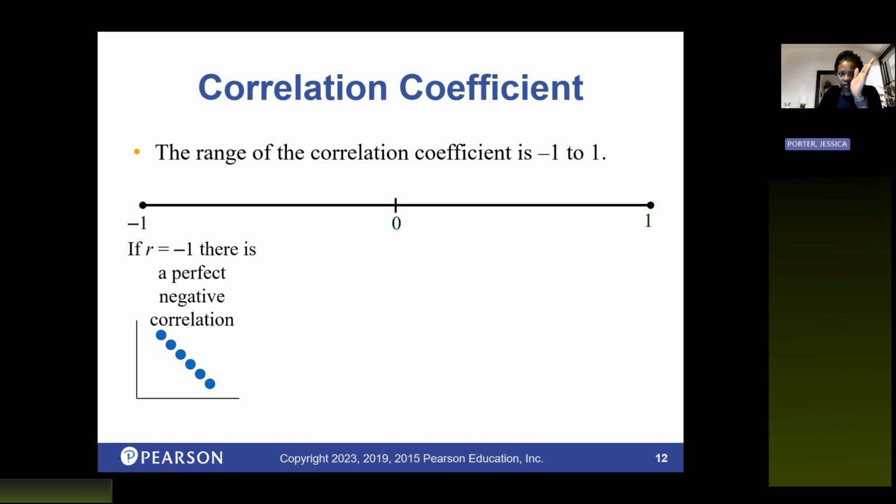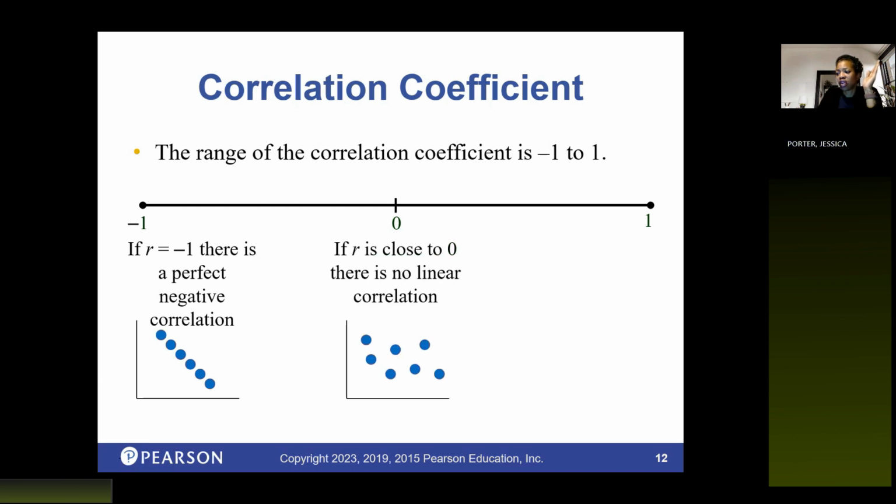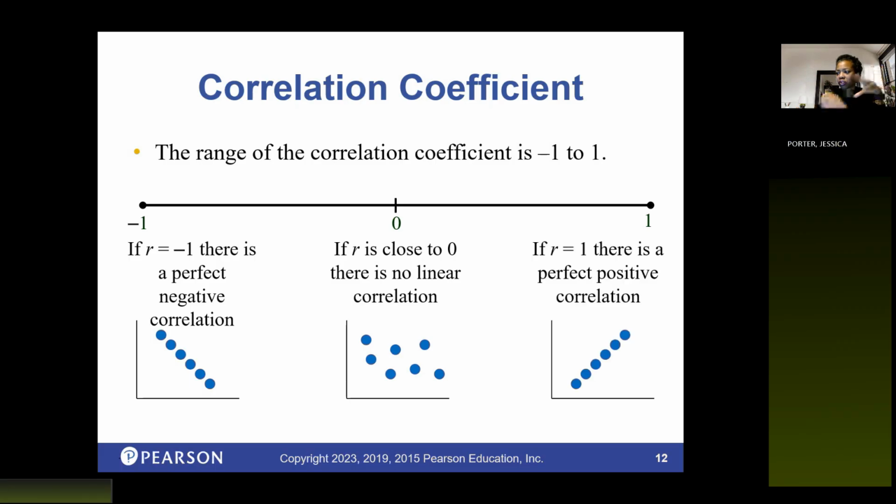That means all your dots fall in a straight line. If R is close to 0, points are all over the place, and we saw an example of that earlier. And if R is equal to 1, all the way over on the other end of the spectrum, there's a perfect positive correlation, meaning that my points form a straight line, perfectly linear.